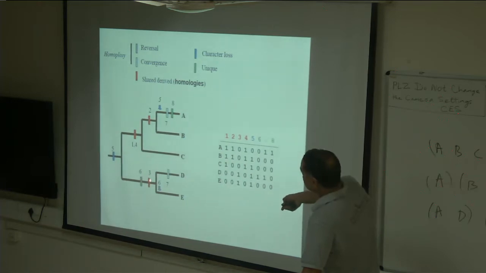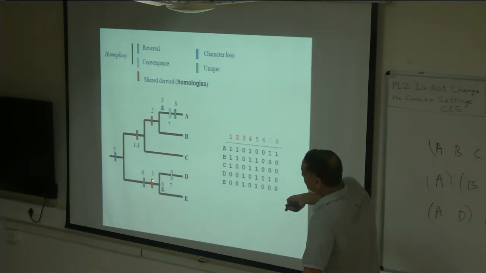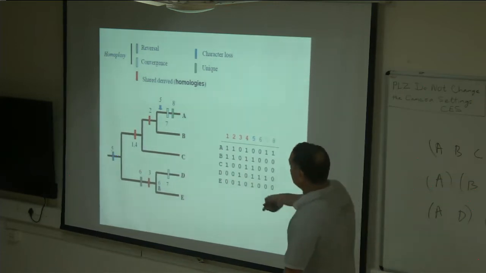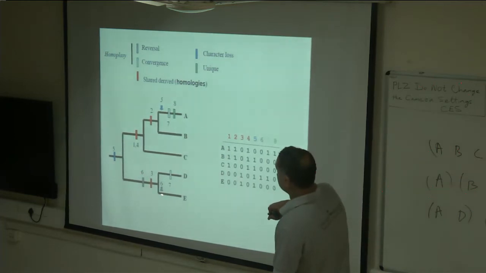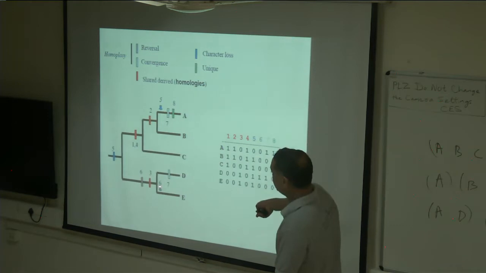3 here, is it a synapomorphy? It's a synapomorphy, right? 6, we decided we'll call it reversal. So it evolved here and there was a loss here.